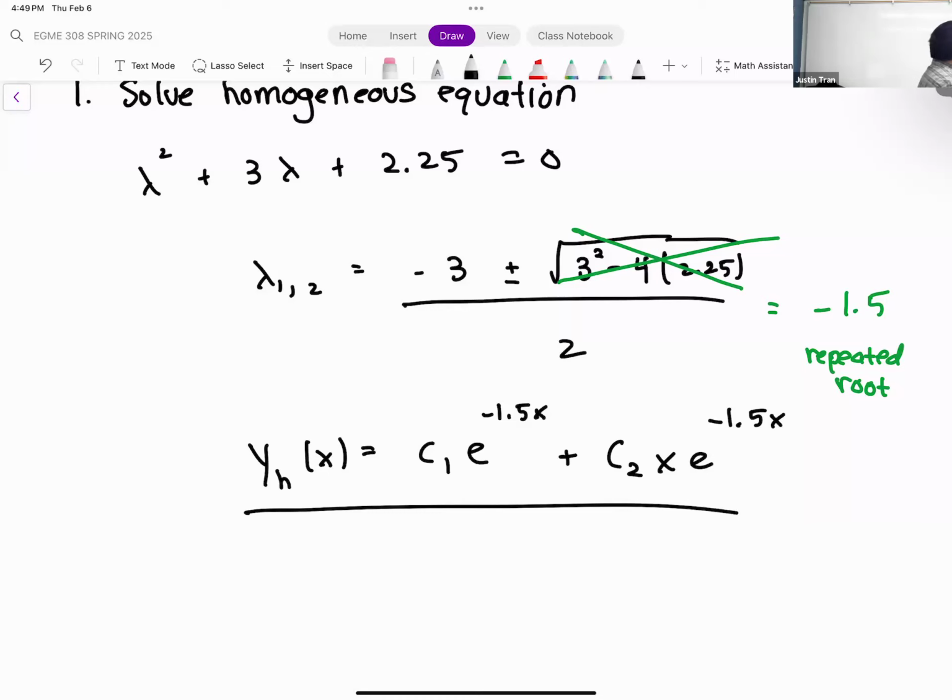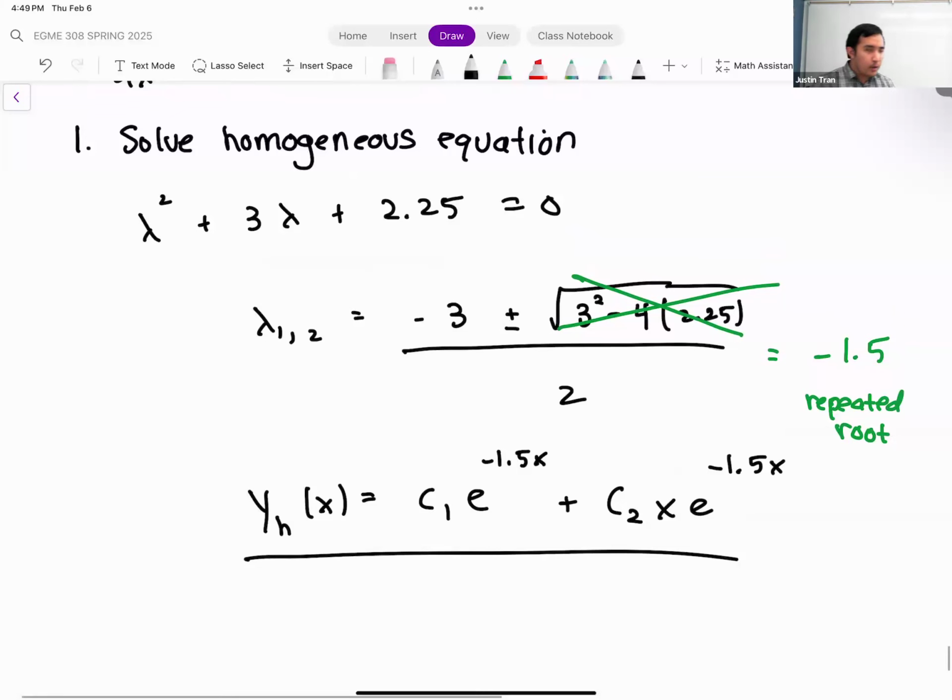Pretty straightforward so far. Any questions on how we got this homogeneous solution here? Okay, good.